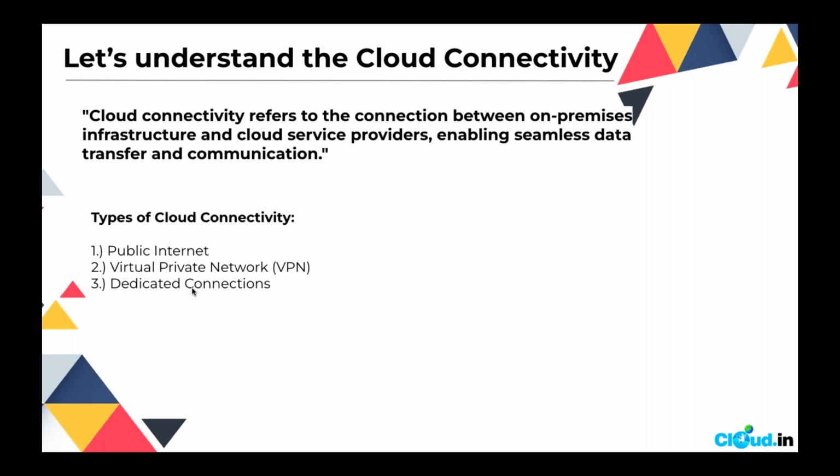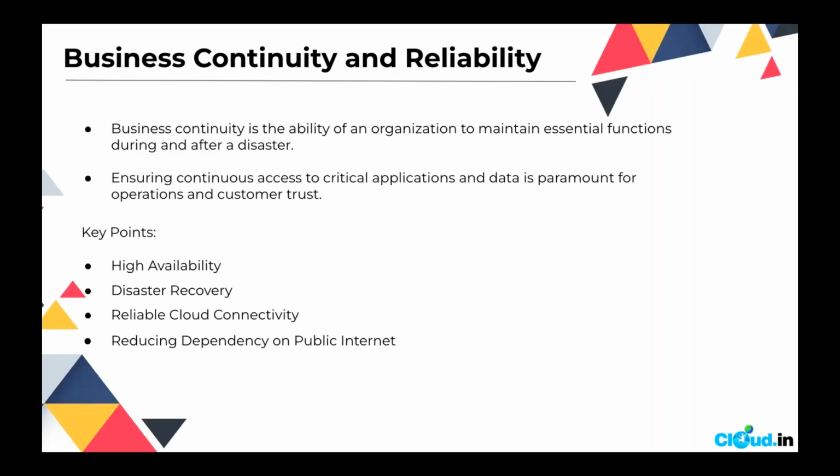Okay. So now cloud connectivity is done. You have understood the connectivity types also. So let's move forward to business connectivity and reliability. Why have I introduced this slide? Just to make it understandable why your organization needs to have this in the picture, and what the key benefits of having a dedicated connection are. Basically, business connectivity is maintaining the functionality and availability of an infrastructure, even if any kind of disaster happens.